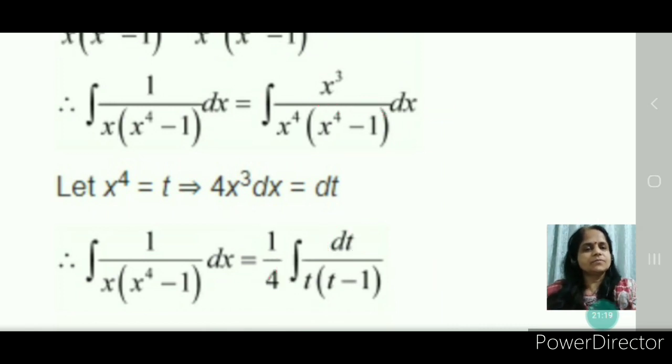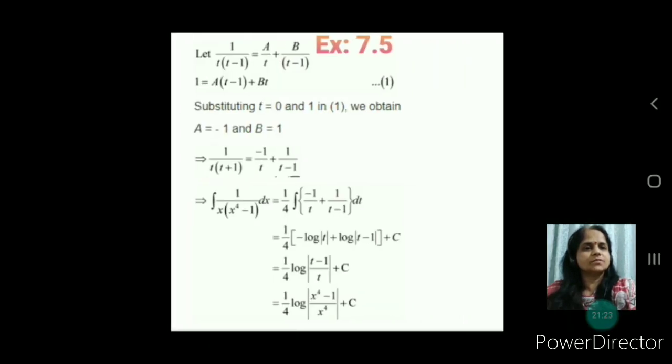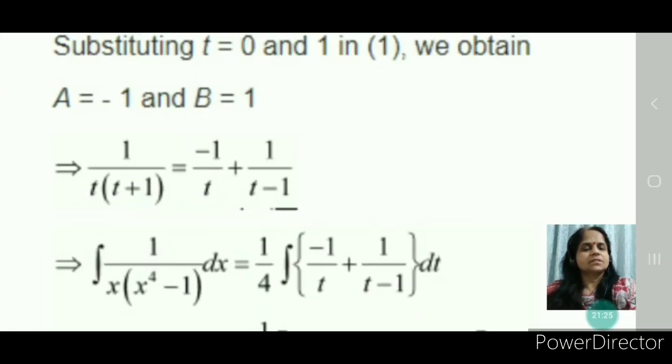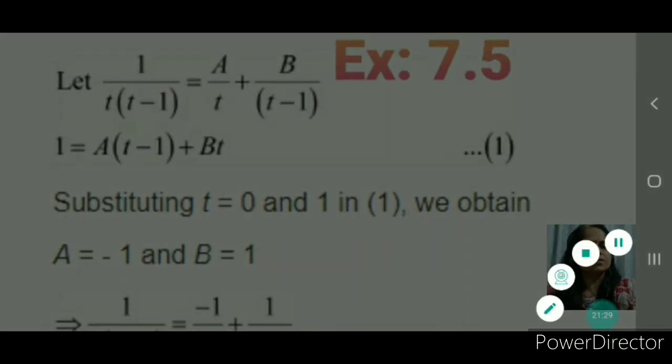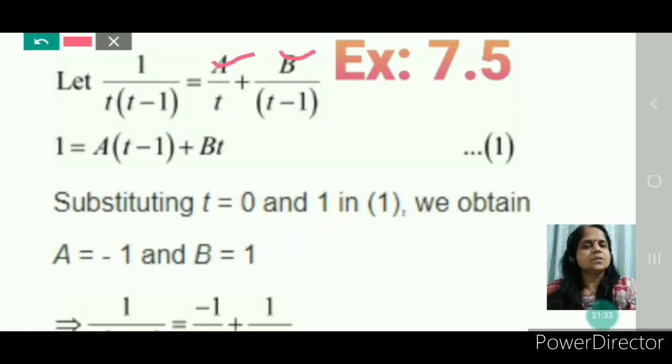And now we will apply the partial fraction method. There are two factors, t and t minus 1. So here a upon t plus b upon t minus 1, and now take LCM. So you will get 1 is equal to a into t minus 1 plus bt. Now substitute t is equal to 0.